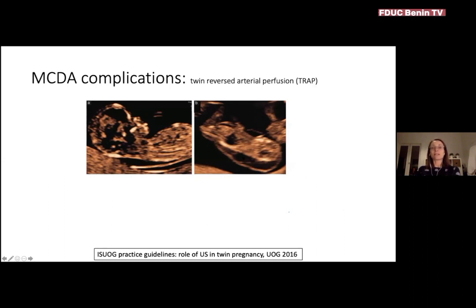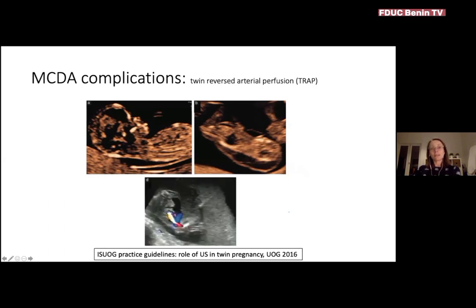So what you see is an amorphic mass that does not have its own blood supply. And you can confirm that that condition is there by looking at the blood flow within this abnormal mass and confirming that the umbilical artery has flow to that mass rather than flow away from it, which is what it would have if it had its own cardiac supply.